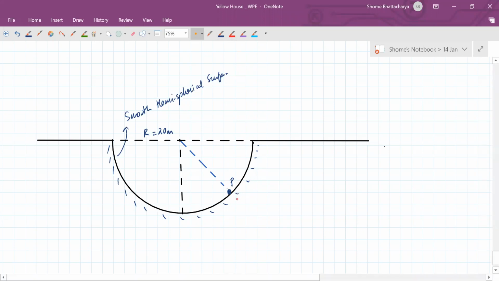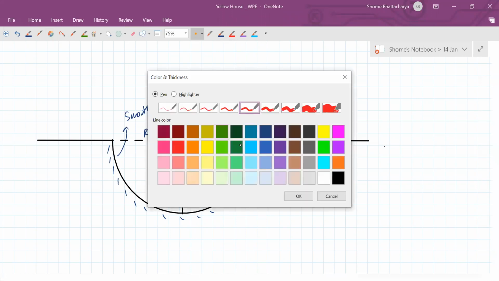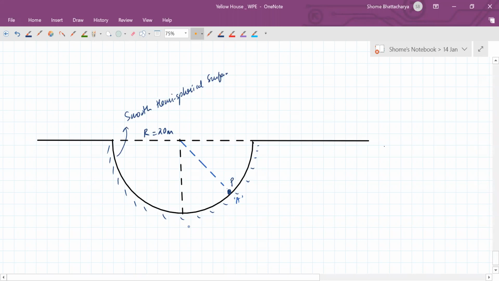So particle P is initially at this position, say the point A, and this lower point here is the point B. So initially it was at this position where this angle is 60 degrees. Okay.